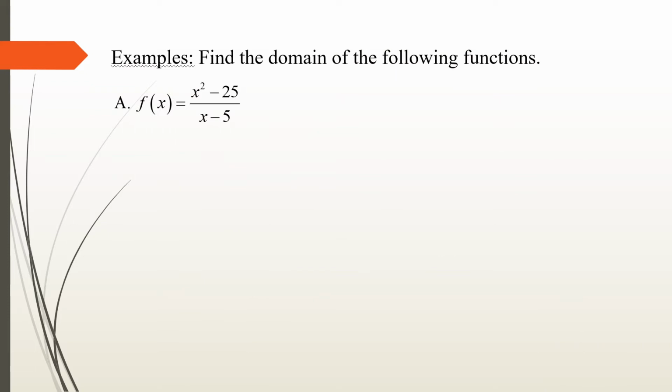So let's find the domain of a few functions here. On this function, we have f of x is equal to x squared minus 25 over x minus 5. Now we could factor this top part and find factors that cancel out, but when we're finding the domain, we want to do it before simplifying.